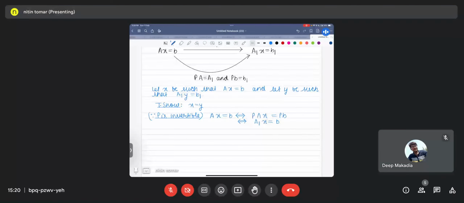Oh sorry, this is B1, but B1 is what? B1 is A1y, correct? B1 is A1y. So here you will have A1 times (x minus y) equal to 0. And in this case, because A1 is invertible, you will have x equal to y.